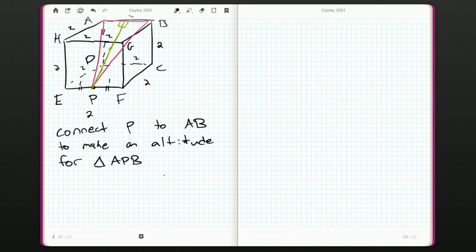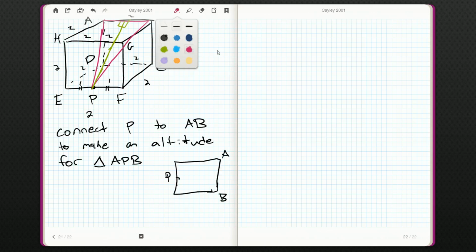Okay? So if we were to look at it from above, we'd have P over here, we'd have A up here and B here. Our triangle would look smooshed like this.